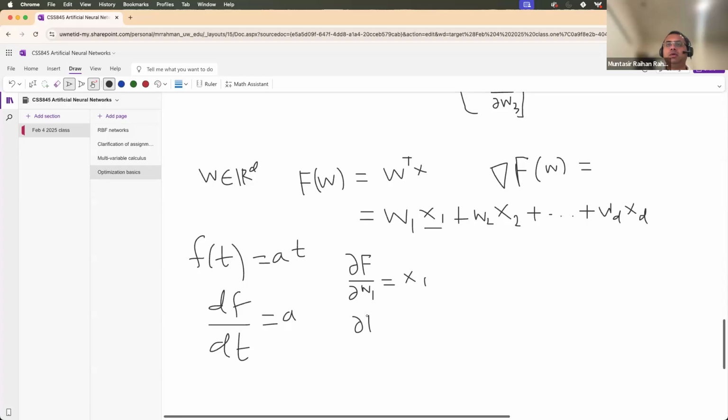And then if you do df by dw2, it should be x2, and so on for all the parameters.